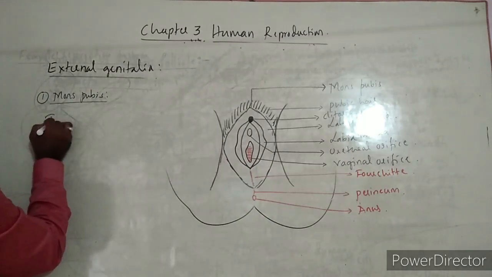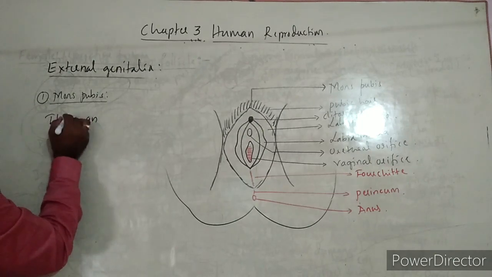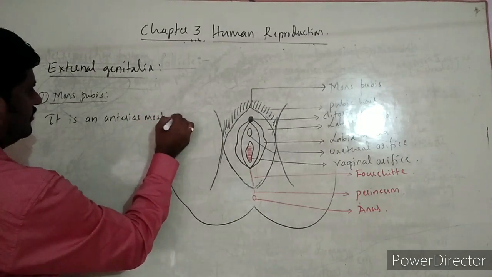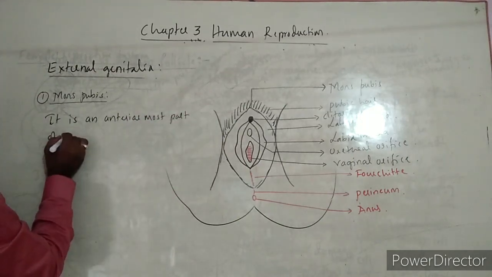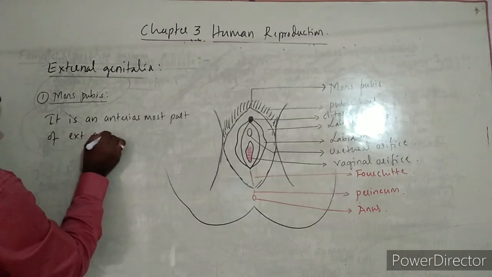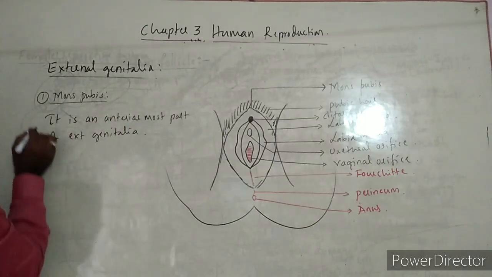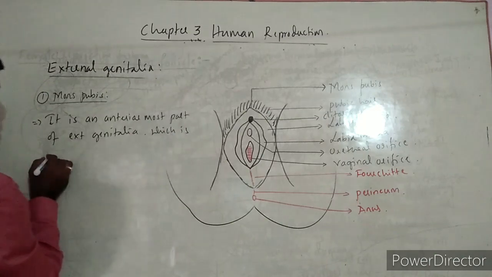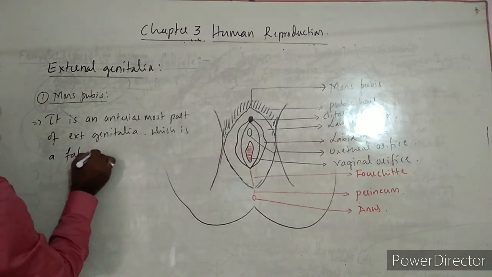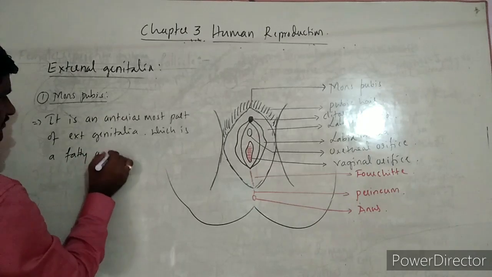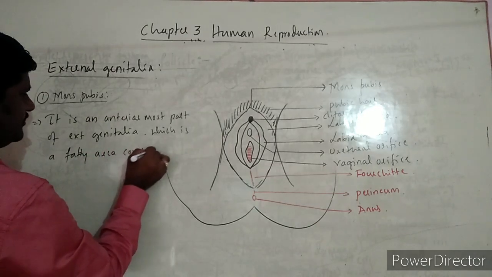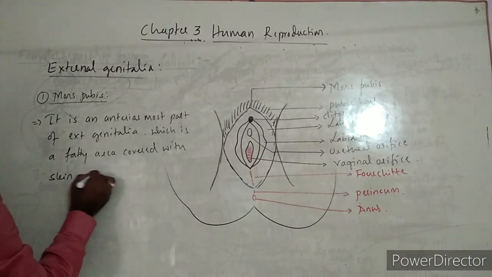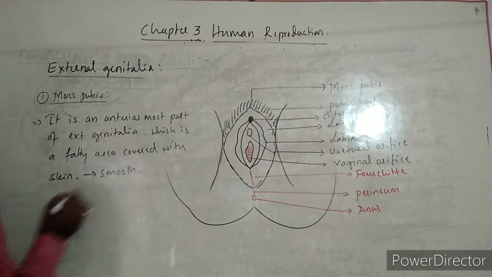It is an anterior most part of external genitalia, which is a fatty area covered with skin, which is very smooth enough, right?